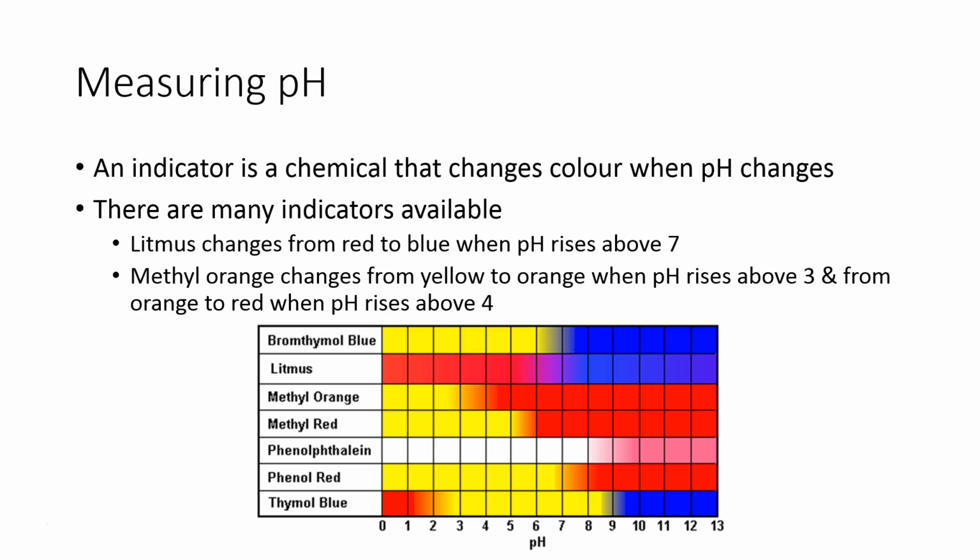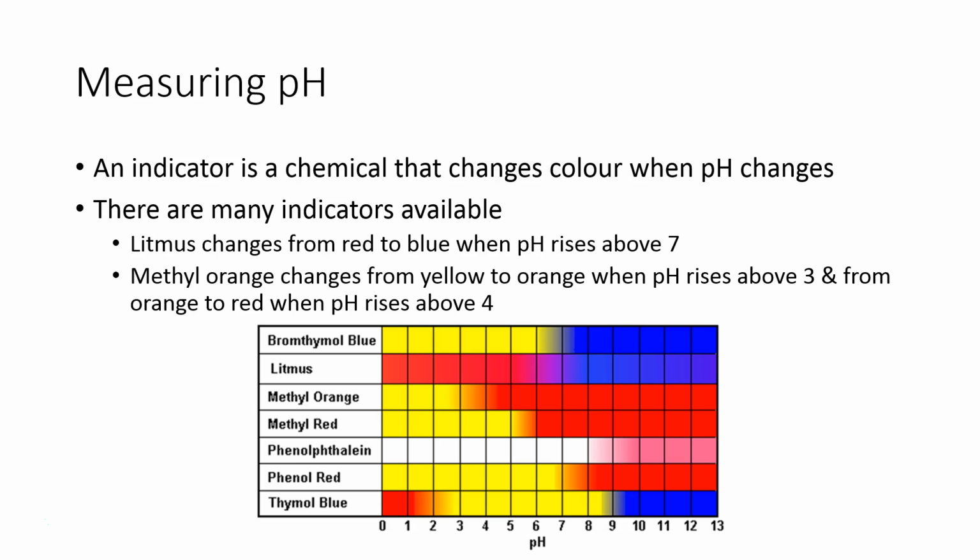We can measure pH using chemicals called indicators. An indicator is a chemical that changes color when its pH changes. And there are lots of naturally occurring indicators. Red cabbage is an example of a vegetable plant that has indicators present in its leaves, so it's capable of changing its color.